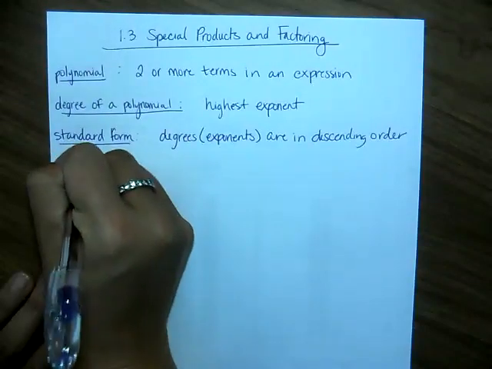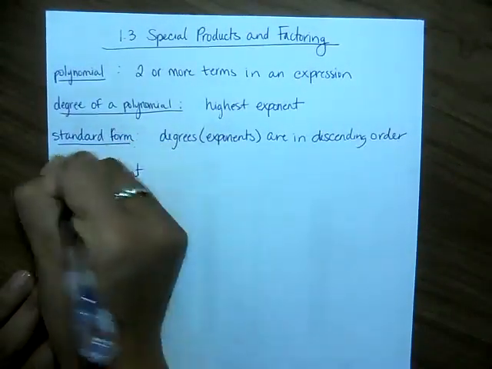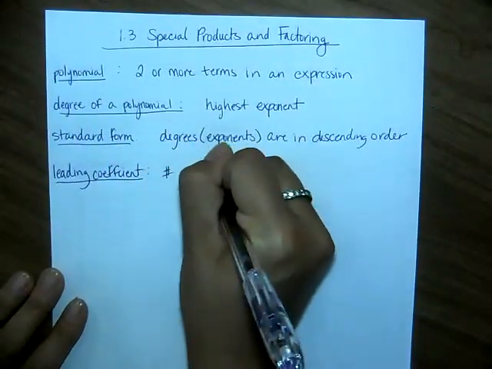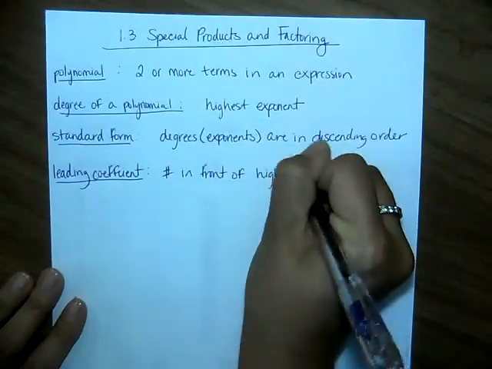Okay, so the leading coefficient is the number in front of the highest degree term.